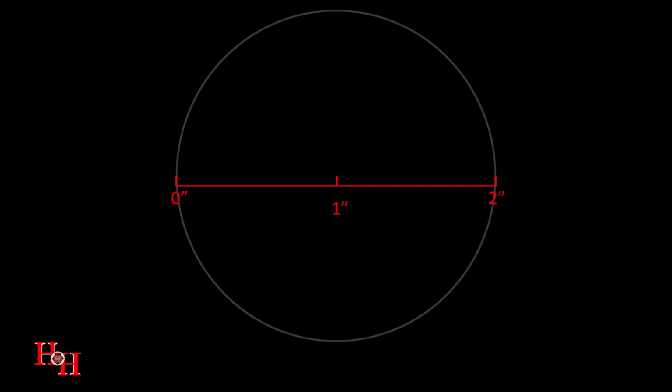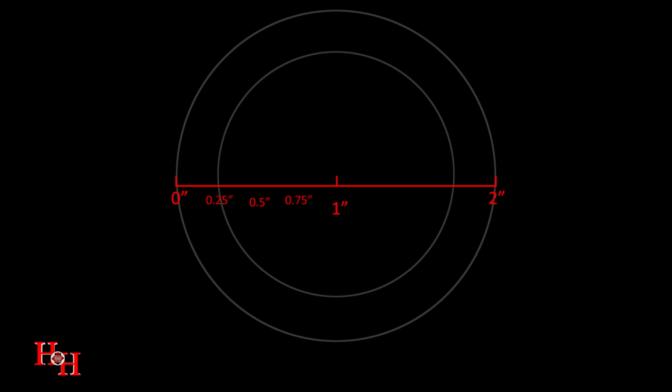And we're going to take the radius of this 2-inch diameter. We're going to cut that diameter into quarters. So we have a 1/4 inch, 1/2 inch, 3/4 inch, and the inch is the middle. And 1/4 inch in from the circumference of this 2-inch circle, we draw another circle.